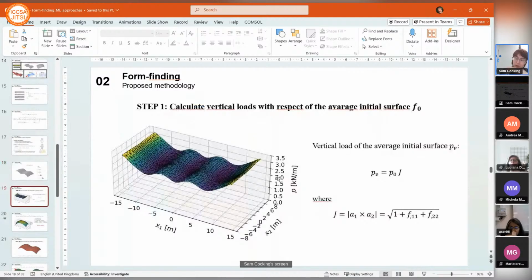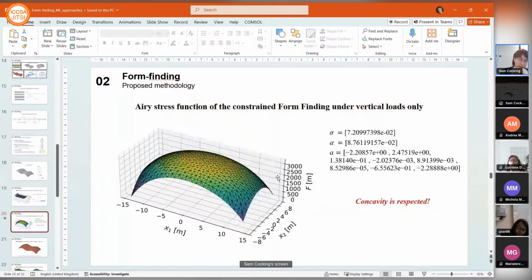Using the Jacobian, we work out the vertical load, apply that with randomized inputs of our area stress parameters to generate a large number of simulation points, making sure at each step that the concavity is respected by the area stress parameters that have been chosen.